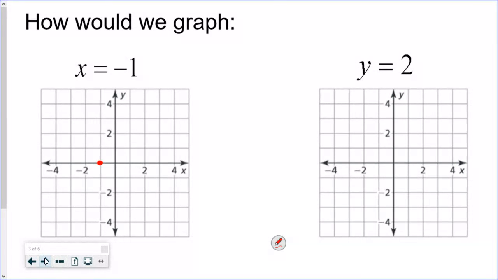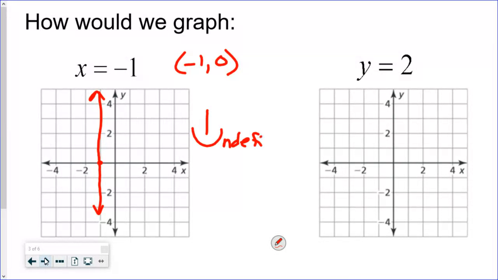Okay, so think of the x-intercept as (negative 1, 0). So I go where x is negative 1 and I make a line. Okay, it only has an x-intercept. It does not have a y-intercept, and the slope is undefined because that's the nose, the undefined. That's Mr. Slope Guy's undefined.